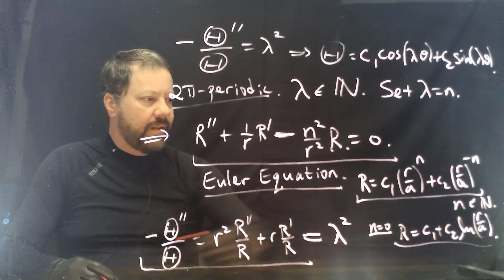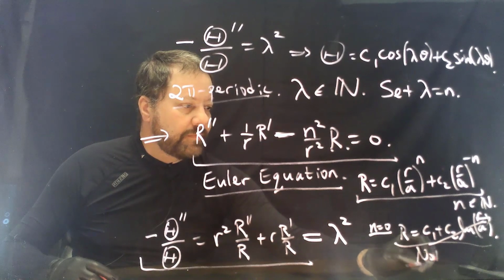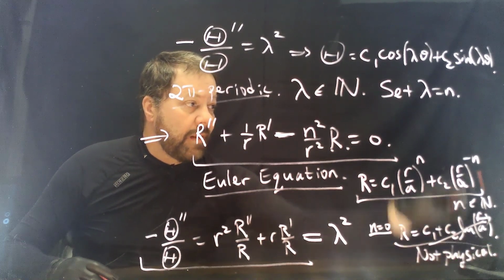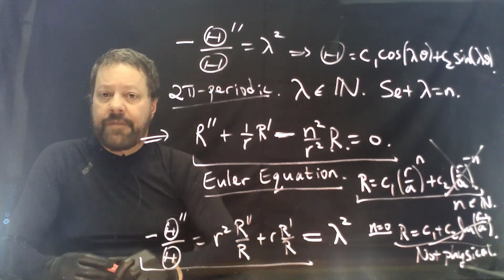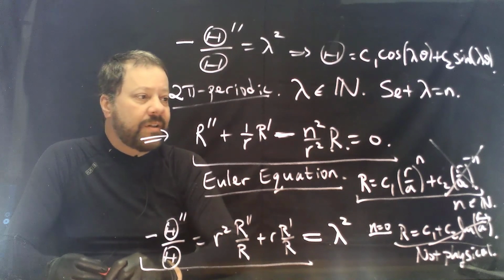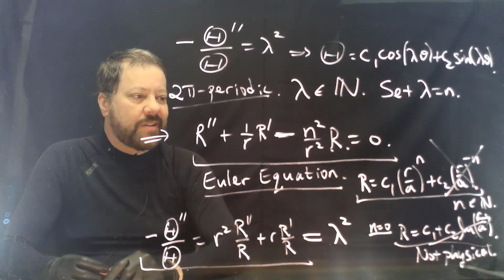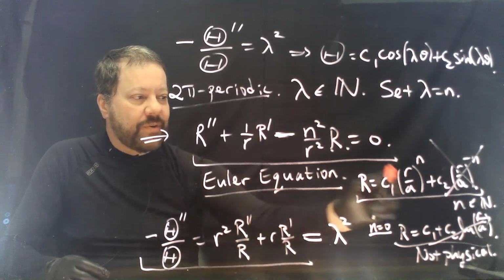However, you can see that this is not physical. And nor is this. Those terms are not physical because they give you singularities as r goes to 0. The solution must be continuous and bounded at r equals 0. And so that preserves only this one solution.